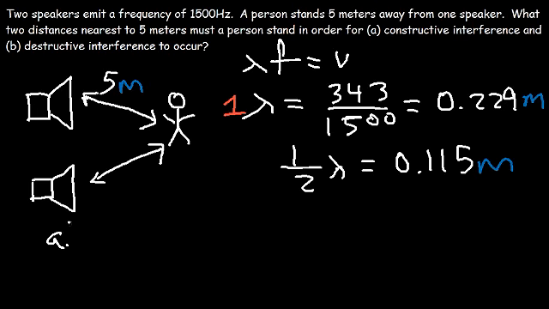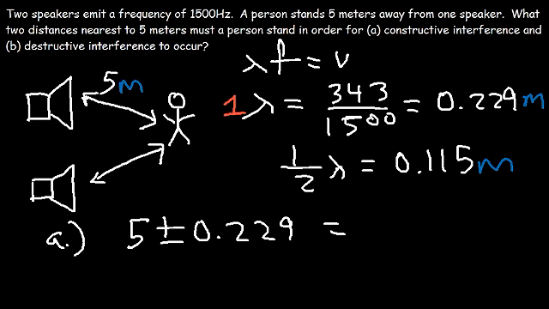So for part A, all you've got to do is add and subtract a wavelength from 5. So one answer is 5.229. The other answer is 5 minus 0.229, which is 4.771 meters. So that's how far the person should be from the second speaker in order for constructive interference to occur.